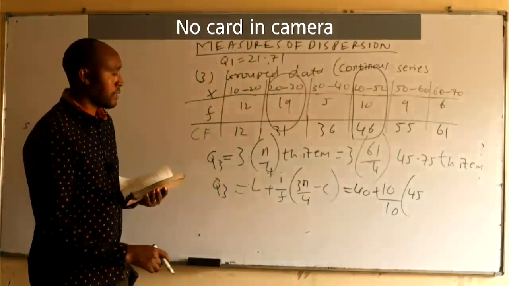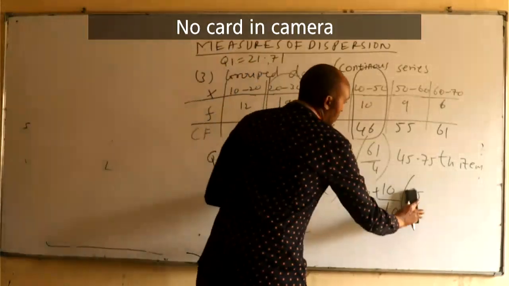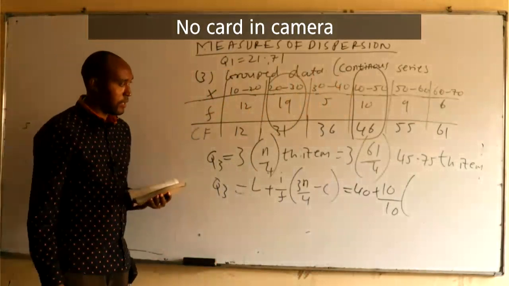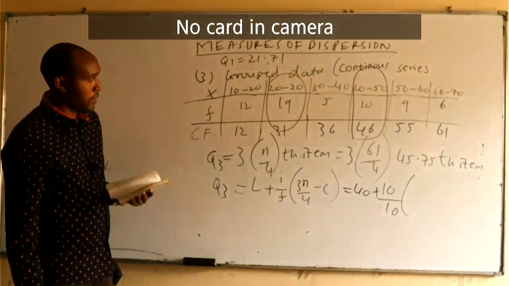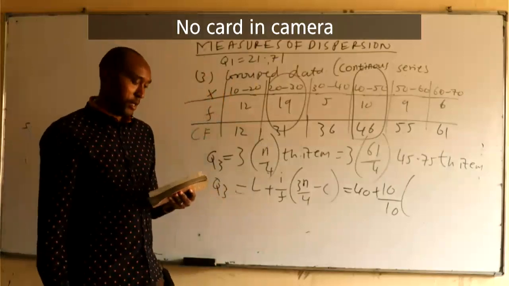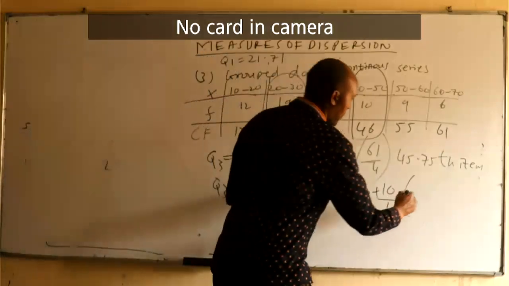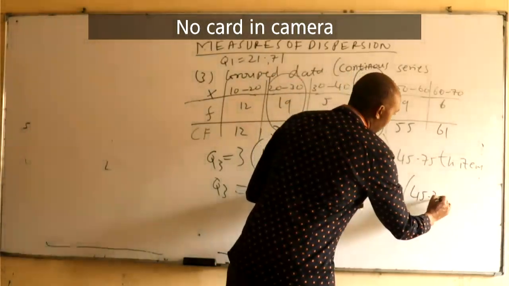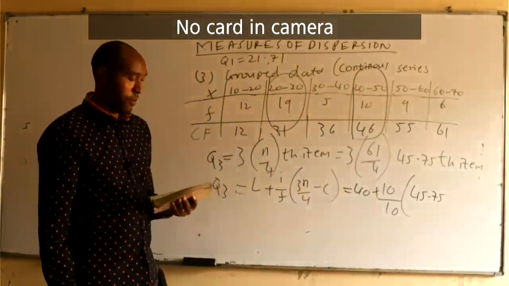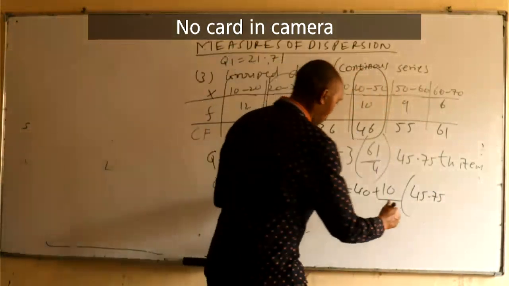So we calculate. We got our nth item there. Our nth item was 3 into 61 over 4. So already we got it, which is 45.75. So then according to our formula, we divide it by 4.